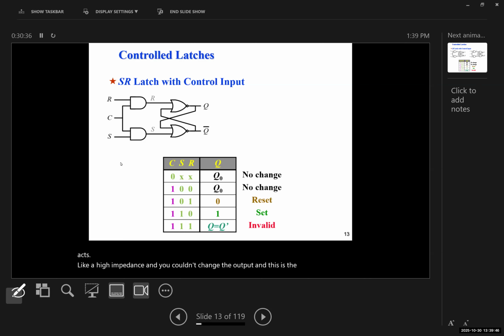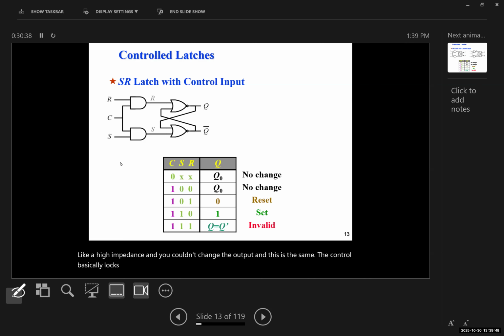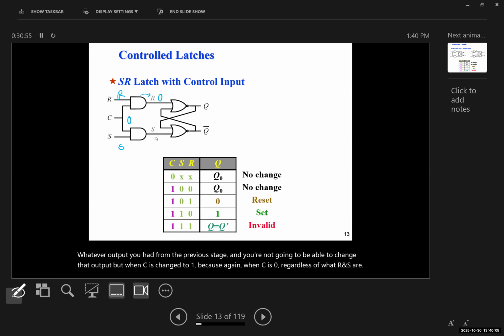The control basically locks in whatever output you had from the previous stage. When C is 0, regardless of what R and S are, their output would always be 0. And we know that when R and S are 0, 0 for a NOR gate, the output would always stay the same. It's going to be no changes.